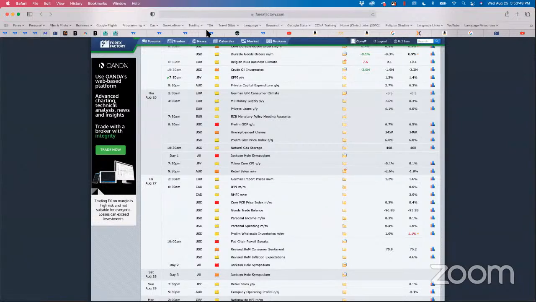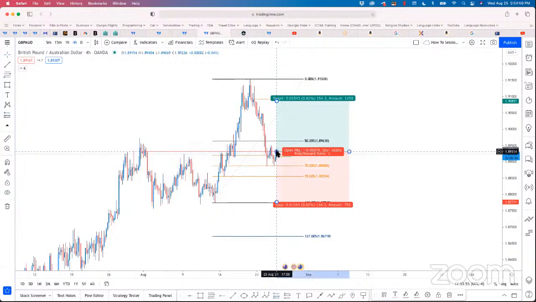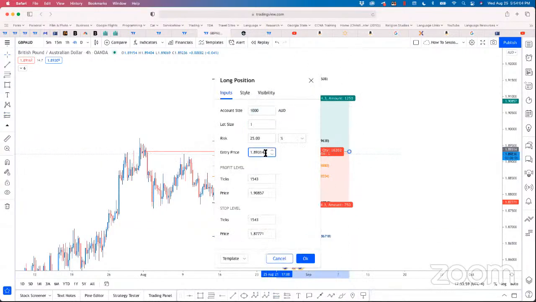What was your entry? What was I in at? Let me see. I entered at 1.89197 for a buy.